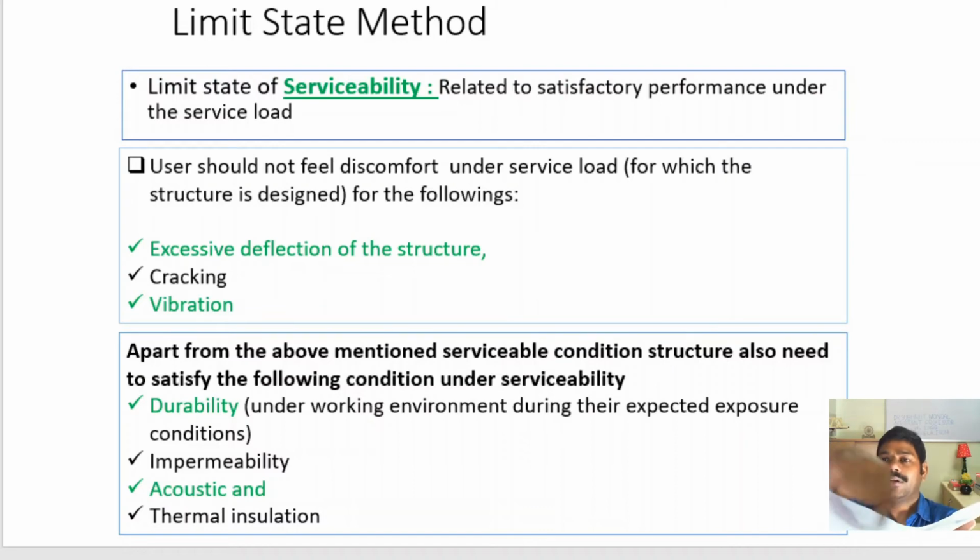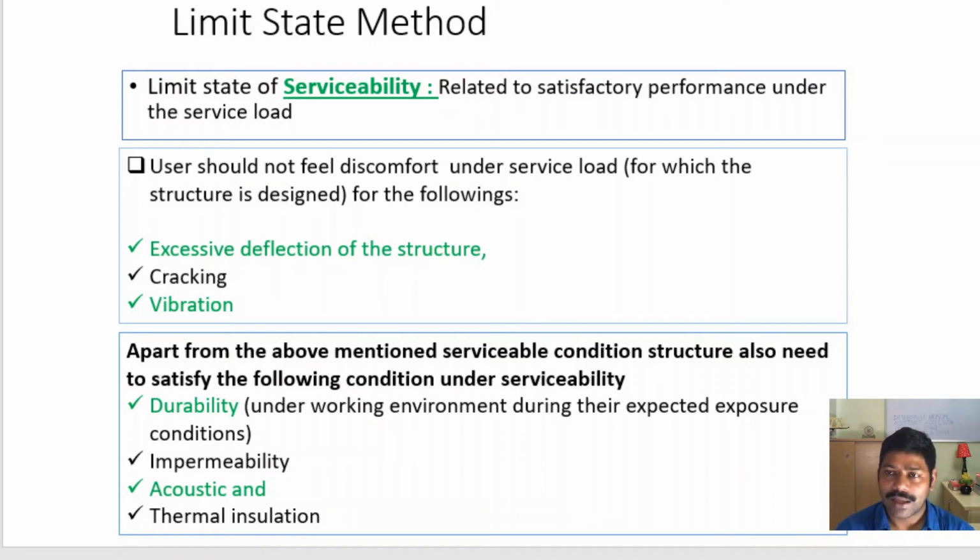Though the floor does not fail, there is excessive deflection, and the occupant will not feel comfort. There will be discomfort for the occupant. So you should not design like that; structures must ensure that there is no excessive deflection.